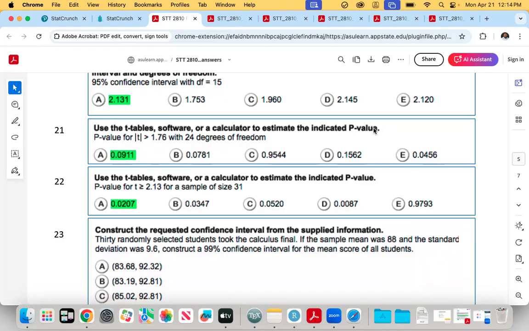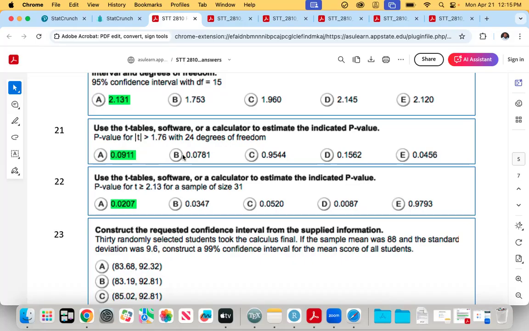Unlike before, where we were given summary information such as the sample mean and standard deviation and could then see the p-value, here it is different. Here, we have been given the test statistic and the degree of freedom, and we want the p-value. How do we do that?